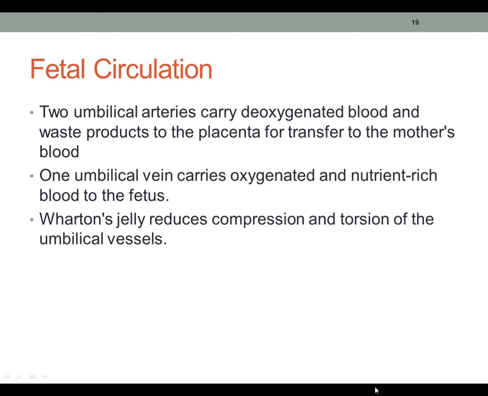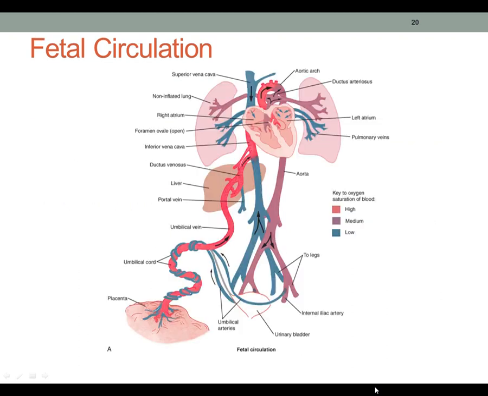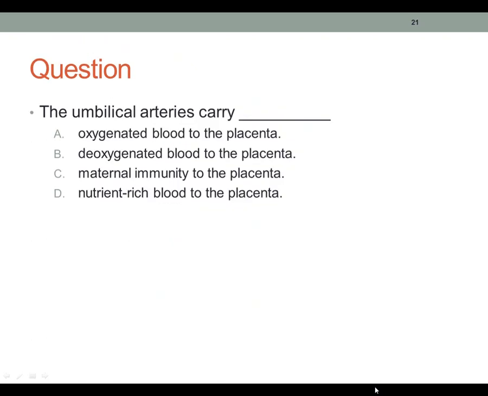So it's going to talk about Wharton's jelly as well, so I'm not going to go over that. This is the example from your book, but like I said, those two videos, and if you go under the intrapartum tab and then go to fetal and newborn circulation, that is where those videos are.